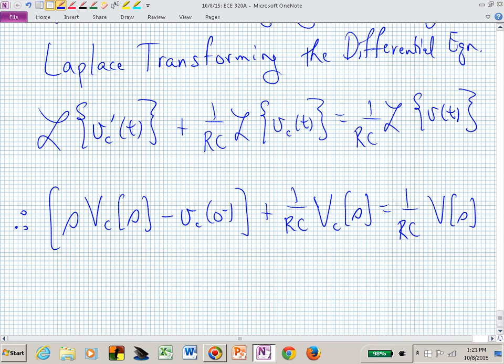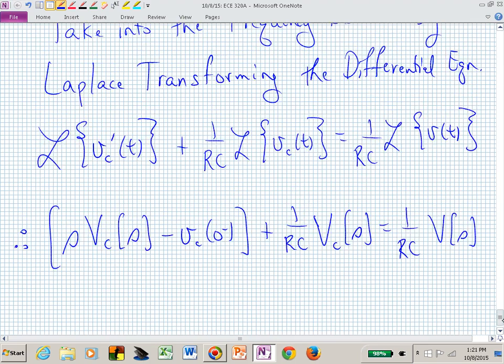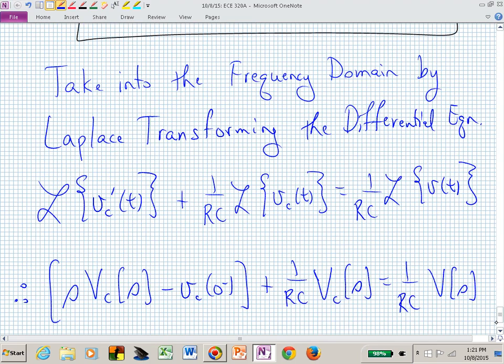Yes. Why was the first term in this Laplace transformed equation, why did it and only it have an initial condition? Because it was a derivative. Now if we had a second derivative, we would have a couple of initial condition terms in there.